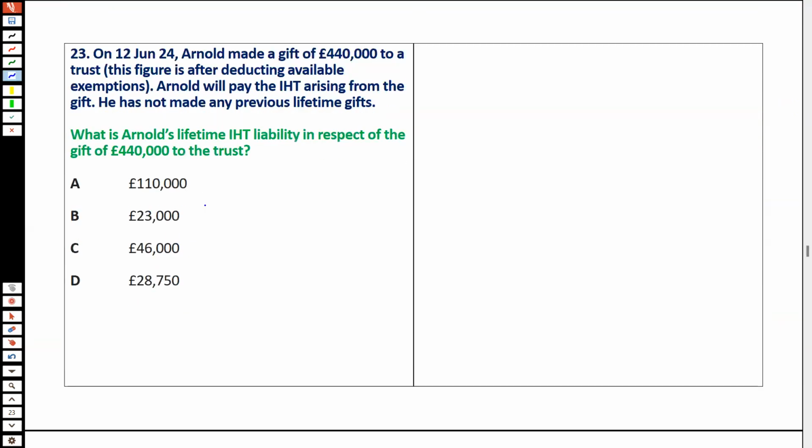On 12th June 24, Arnold made a gift of 440 to the trust. This figure is after deducting available exemptions, meaning the annual exemption, marriage exemption, etc. are already done, right?